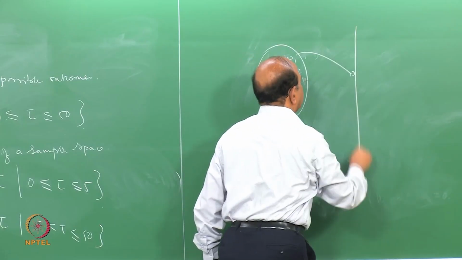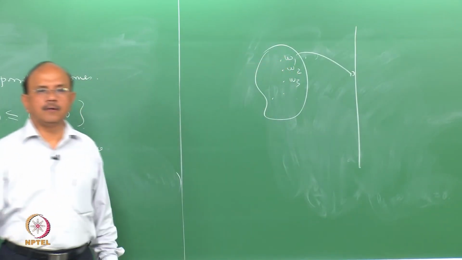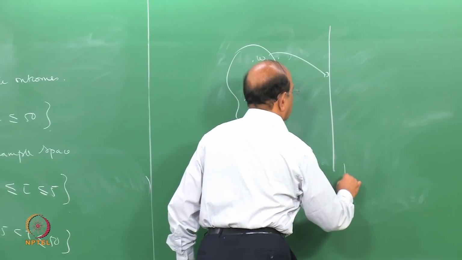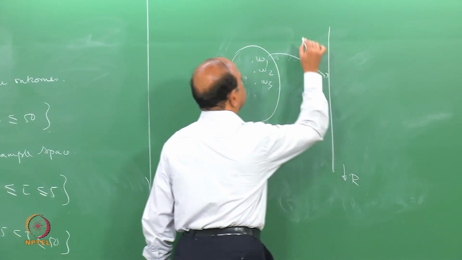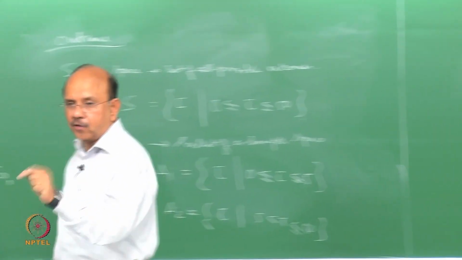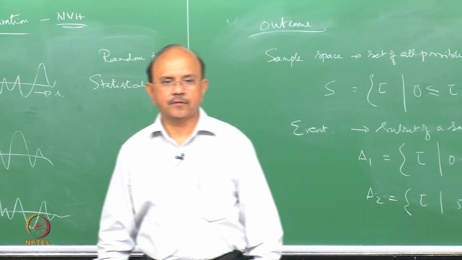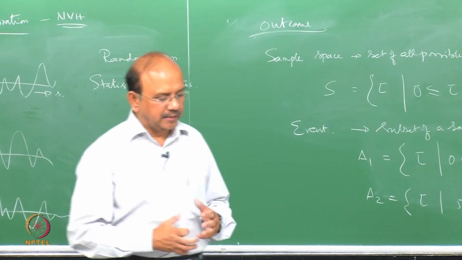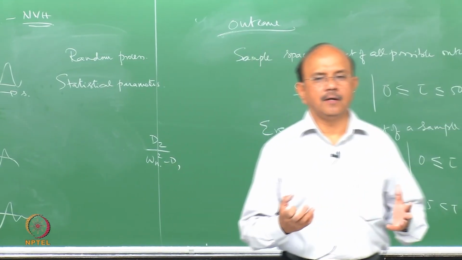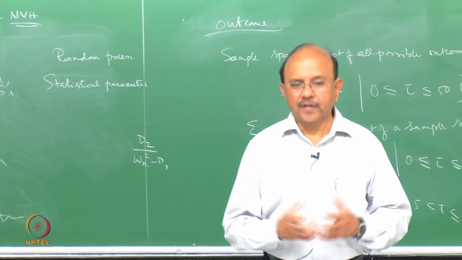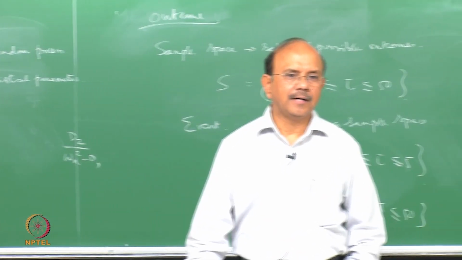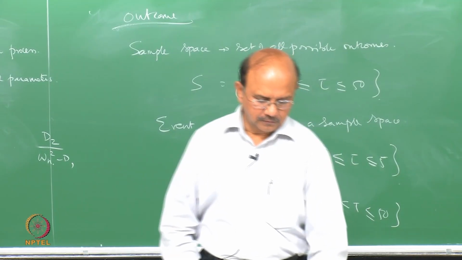A random variable is one which maps this event to the real line. So basically a random variable is a function. Though we loosely use random variable to mean a variable later, in the strictest sense of the word, a random variable is a function.